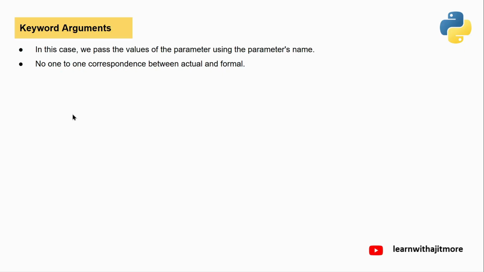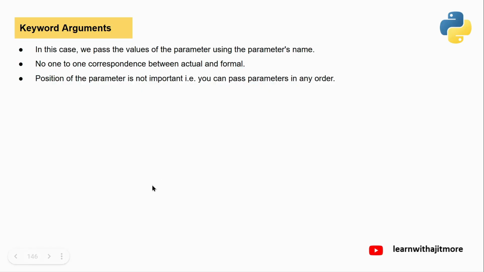You can give the values in any order. No one-to-one correspondence between actual and formal. The position of the parameter is not important, you can pass in any order. Why are we allowed to pass in any order? Because you're giving the formal name also with equal: key equal to value.